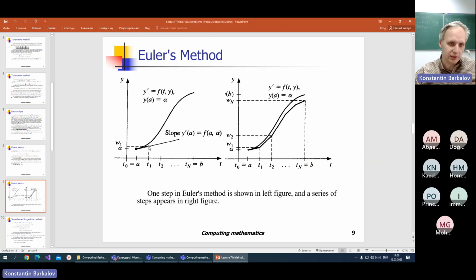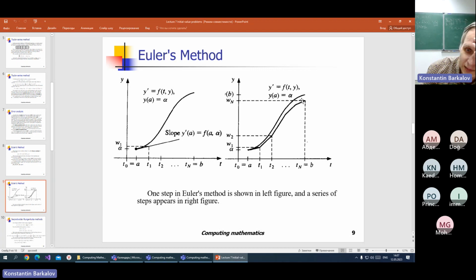Then we can take the next point t1 and select the next point on this line. And we can consider this value as the first approximation to the value of y of t1. Then we take this point as the initial point, draw a line from this point, and take the point of this line at the point t1, and so on.